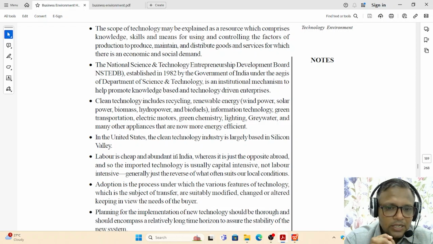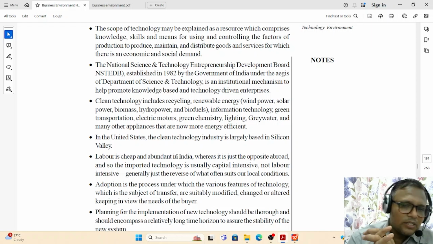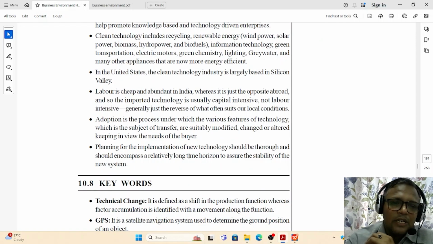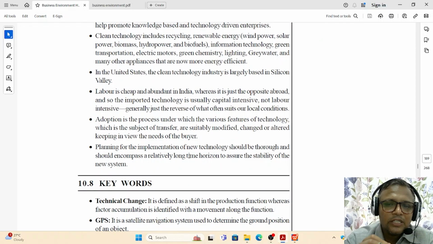In the United States, the clean technology industry is the largest, largely based in Silicon Valley, whereas labor is cheap and abundant in India, and it is just the opposite abroad. So the imported technology is usually capital intensive, not labor intensive. Generally it is just the reverse of what often suits our local conditions.